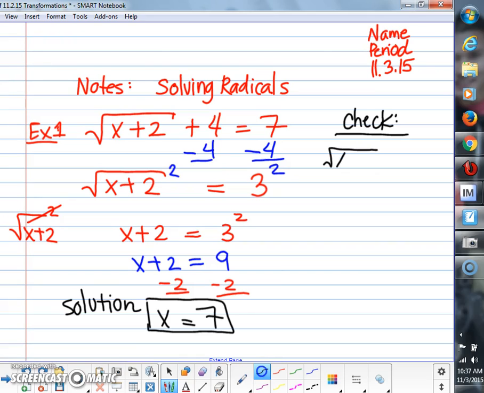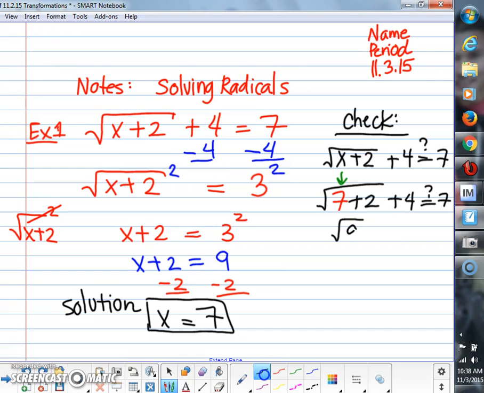So instead of having the square root of x plus 2, plus 4, and the question is, is that equal to 7? Wherever I see an x, I'm going to substitute in 7. So I really have the square root of 7 plus 2, plus 4, and is that equal to 7? What is 7 plus 2? 9.